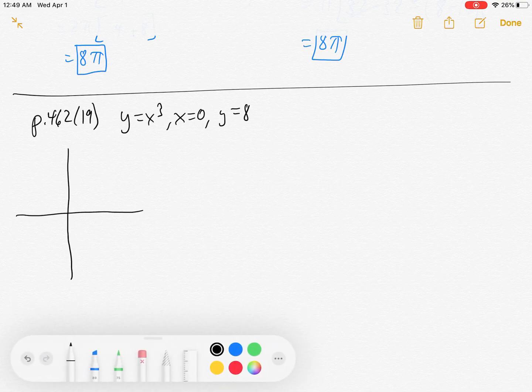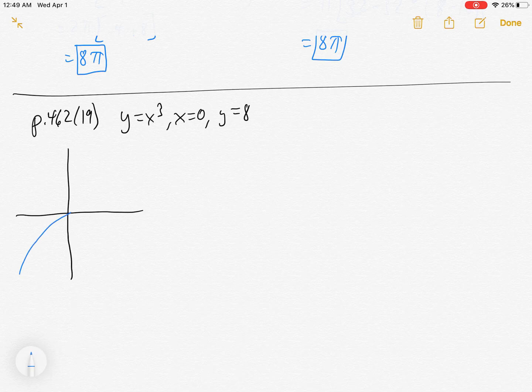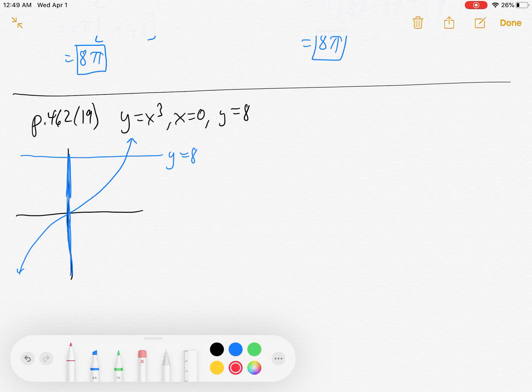So y equals x cubed, hopefully you remember, looks like this, kind of like tangent. X equals 0, of course, is the y-axis, so I'll just kind of darken that. Y equals 8, horizontal line. So we quickly see our region is right here.